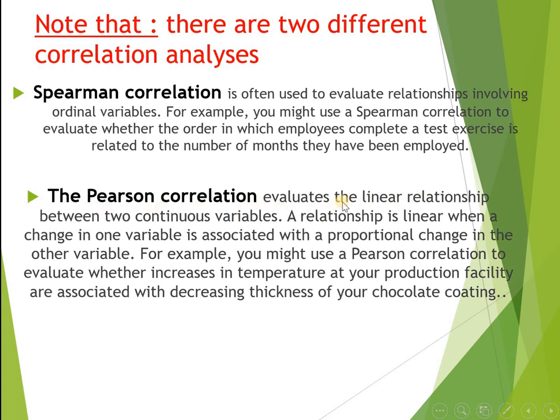Pearson correlation evaluates the linear relationship between two continuous variables, where a change in one is associated with a proportional change in the other. For example, you might use the Pearson correlation to evaluate whether increases in temperature at your production facility are associated with decreasing thickness of your chocolate coating.